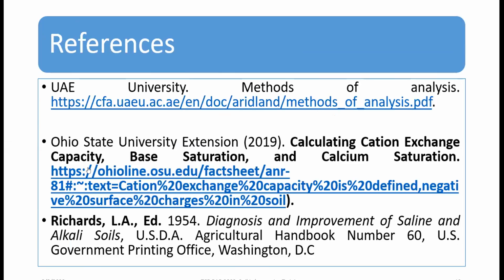Then after you ensure that the exchangeable sites are filled and saturated with sodium, the next step is to extract this sodium from the exchangeable sites by adding ammonium acetate at pH 7, 3 times.